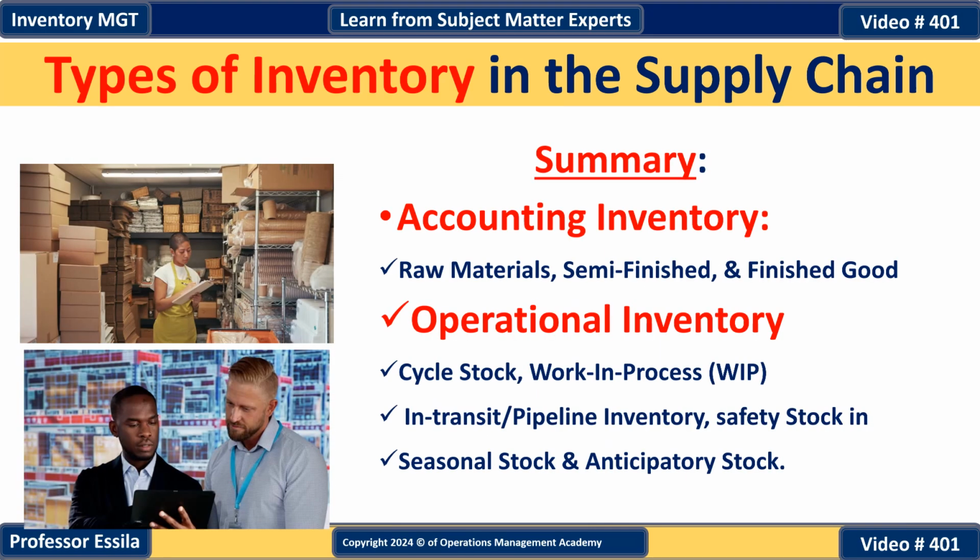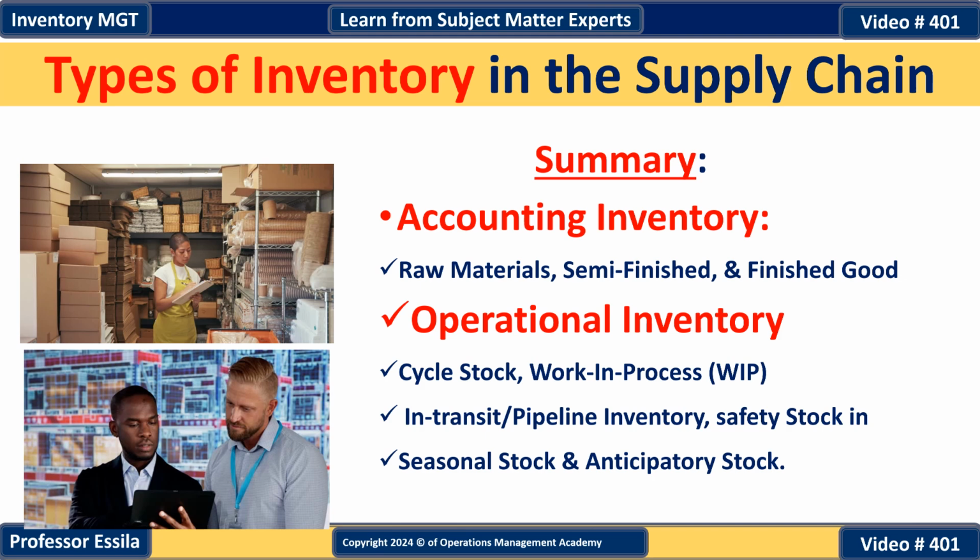So now, in summary, accounting inventory is concerned with the financial aspect and valuation of inventory for reporting purposes, while operational inventory focuses on the practical management and optimization of inventory levels to support business operations.